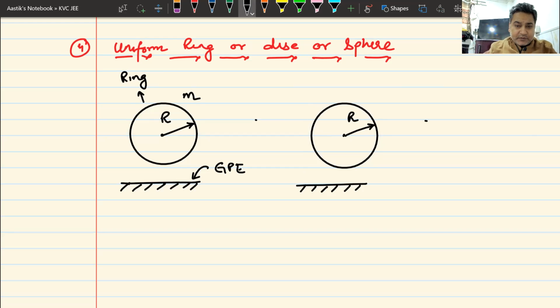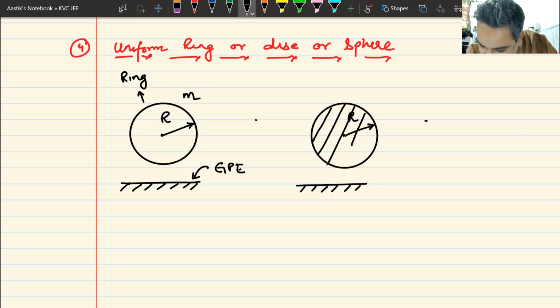Now, how do I differentiate between a hollow ring, a ring which has no material inside, it is hollow, and a disc which has material? How do I differentiate it? So, you are going to be an engineer very soon. So we call it hashing. So when I put these hashes, that means there is material here. So you understand? This thing becomes a ring and this thing becomes a disc. Am I clear?